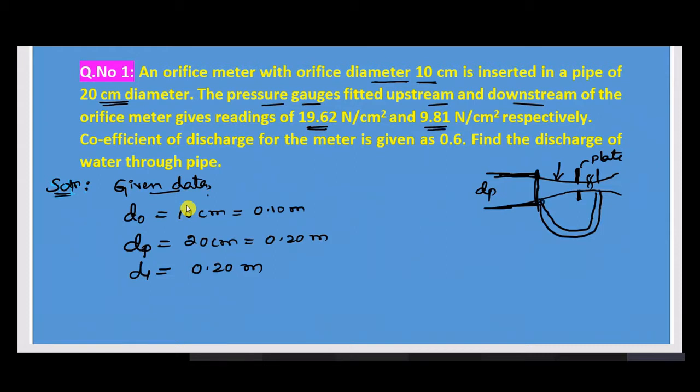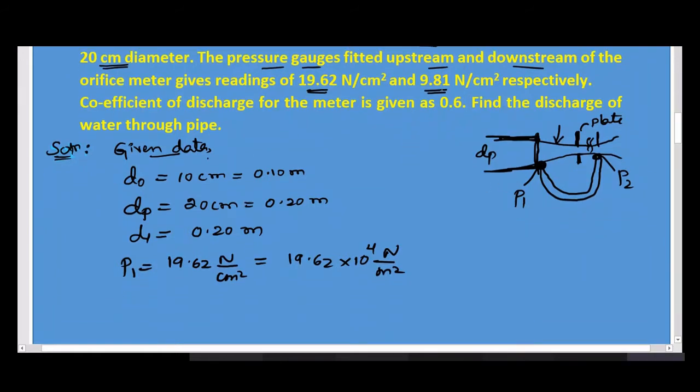So one end of the manometer is connected at the upstream end, here it is P1. Another end of the manometer is connected at the downstream end, here it is P2. So P1 is equal to 19.62 Newton per centimeter square. This centimeter square you convert into meter, 19.62 into 10 to the power of 4 Newton per meter square.